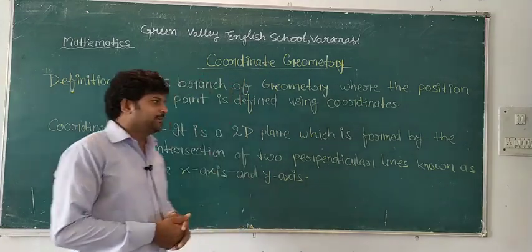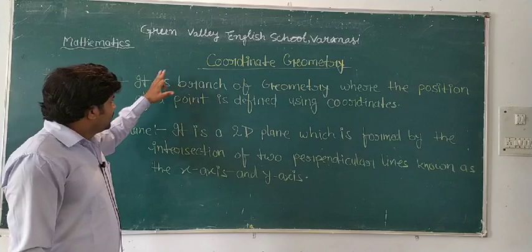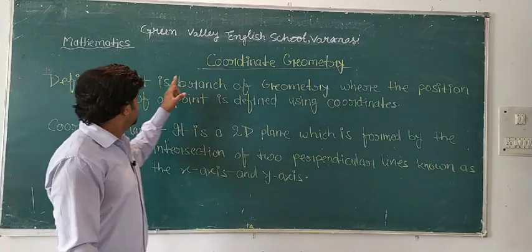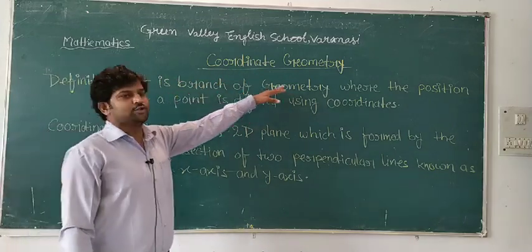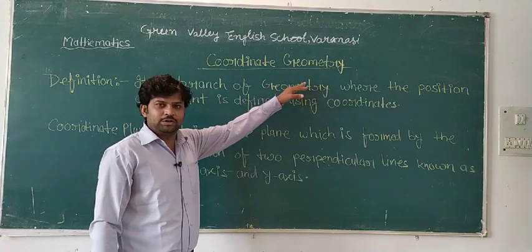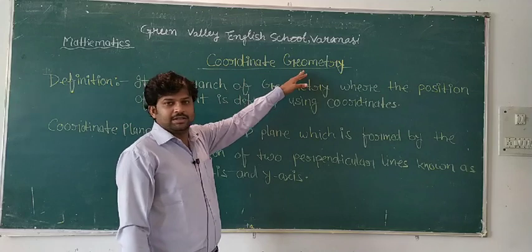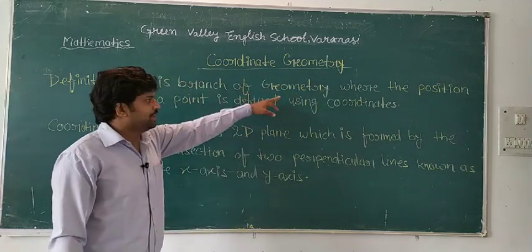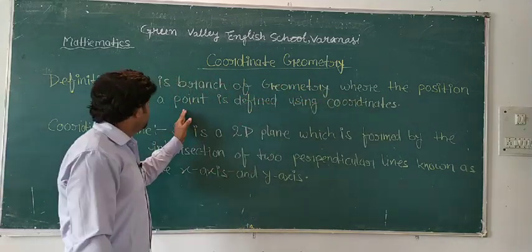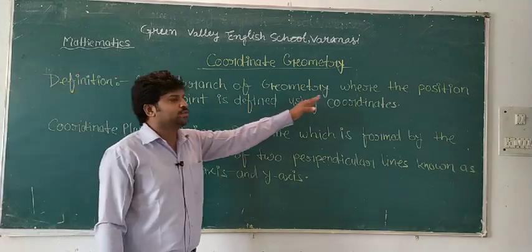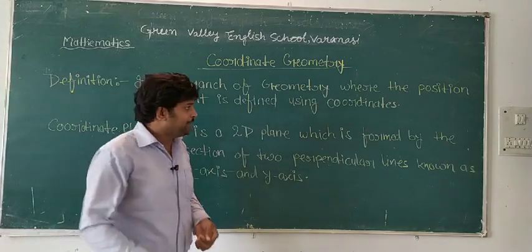Definition of coordinate geometry means coordinate geometry is a branch of geometry, and geometry is a branch of mathematics. Coordinate geometry is a branch of geometry where the position of a point is defined using coordinates.